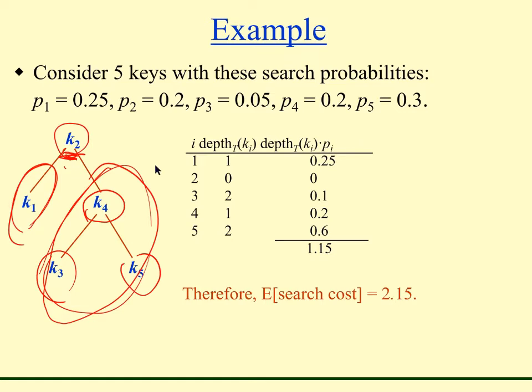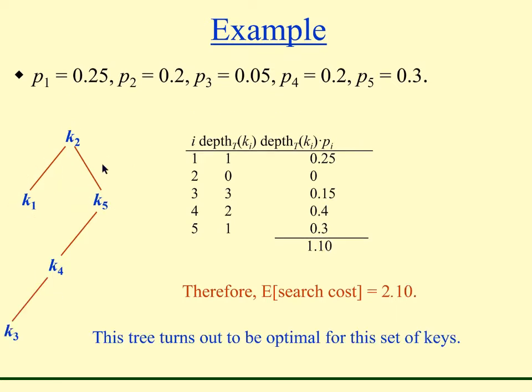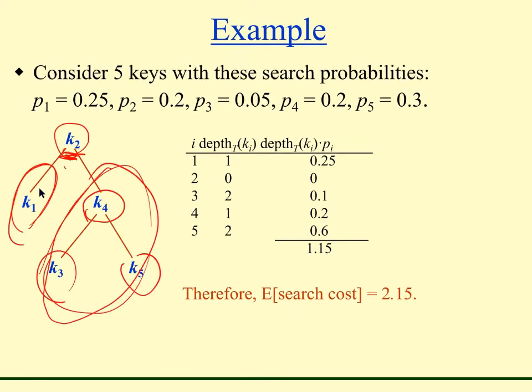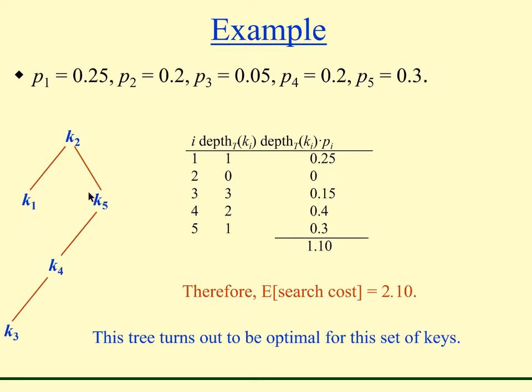If we change to this one, we still put a K2, but we put a K5, and then all of K3, K4 must be on the left because they are smaller than this one, right? So put this one on the root. And then if we choose this one as the root, then you have this K4.